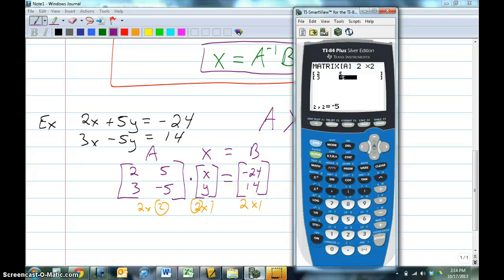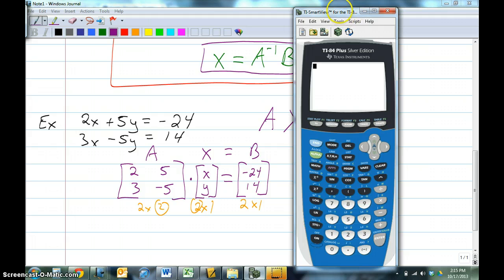All right, so that's our matrix A. Go back to matrix B. We're going to edit matrix B. Now, matrix B is a 2 by 1. And our values are negative 24 and 14. All right, so then we quit.